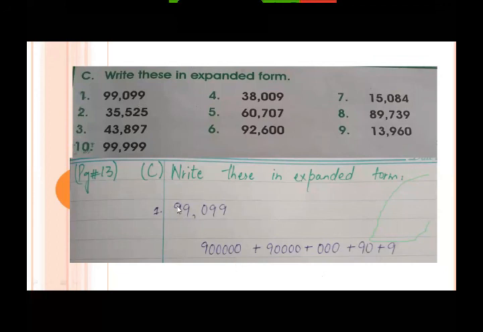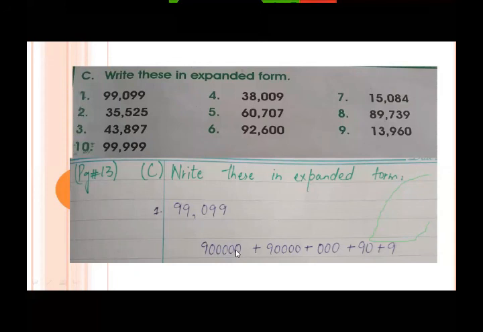9 is at the place of units, tens, hundreds, 1,000, 10,000. 9 is at the place of 10,000. You know that we have to put zeros when we do expanded form. Here you see, one extra zero was put by mistake here, so sorry for that. 9 at the place of 10,000, we have to put 4 zeros with 9.